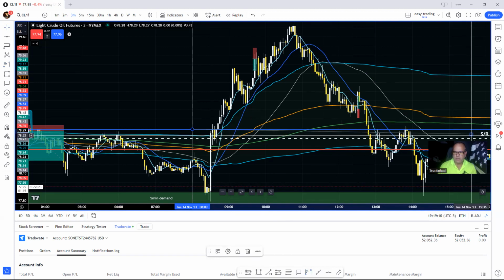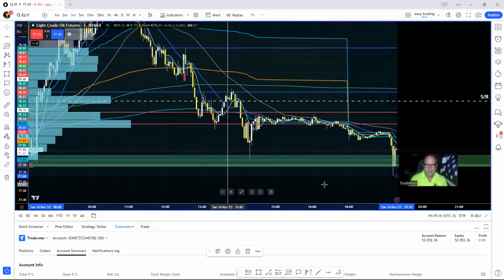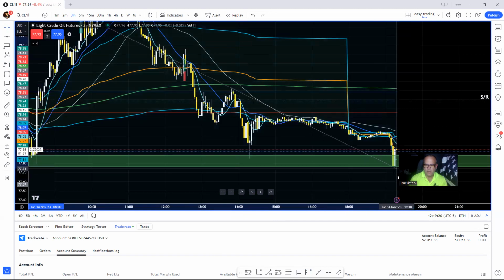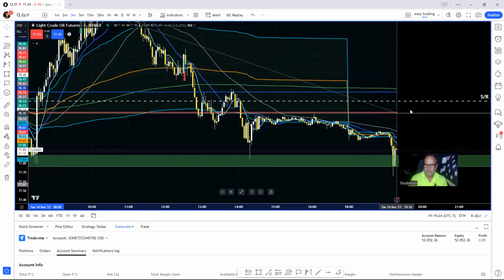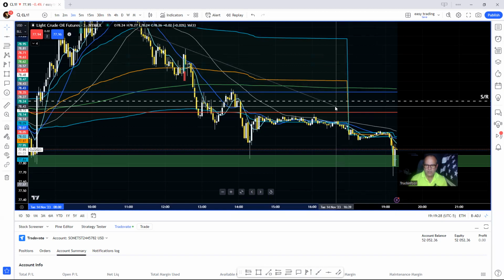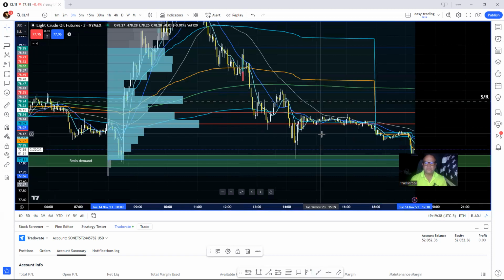We're gonna have to move that over to 4:30. All right. So that is yesterday's or today's levels that we will use for tomorrow.